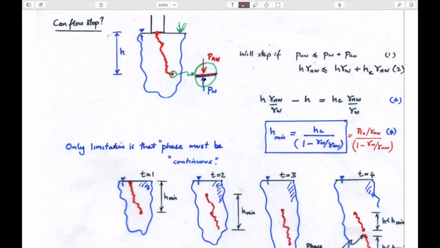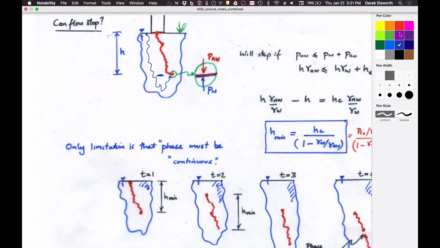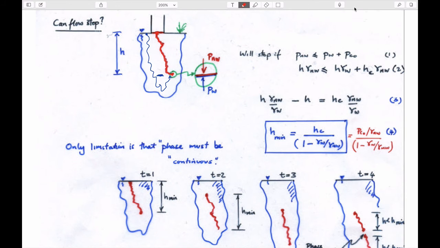And likewise, in the water, if you can go from this point here to this point here in the water, then the pressure is just going to be equal to the height of water. Exactly the same as before. And so it's this simple connectedness of the systems that we're talking about. And so that's basically this expression here.